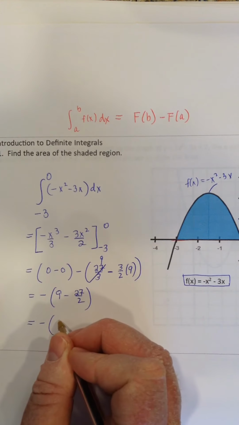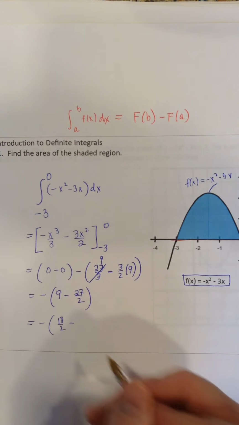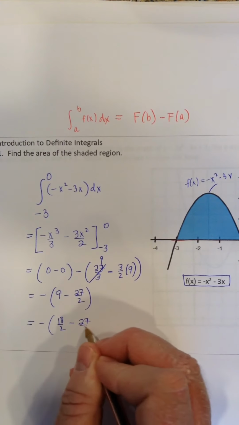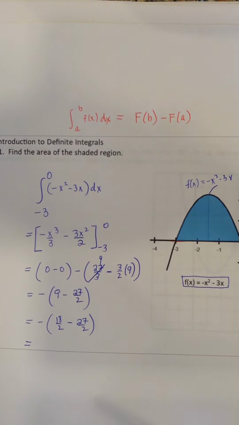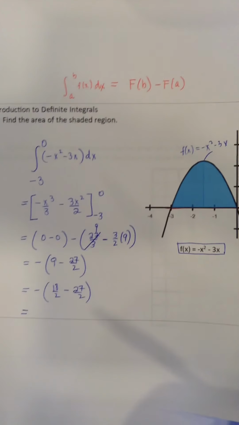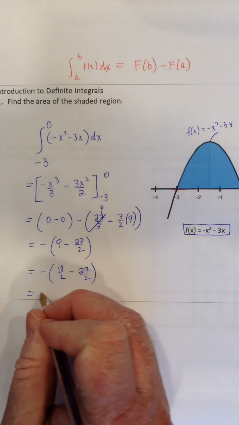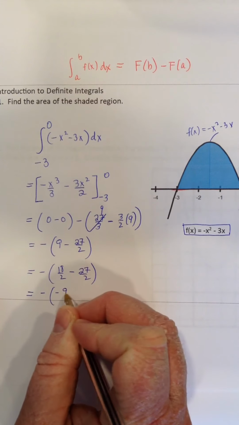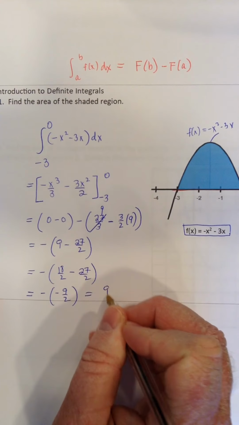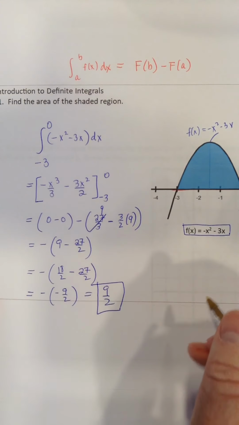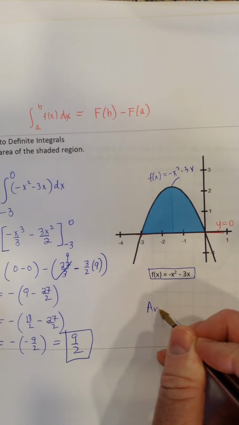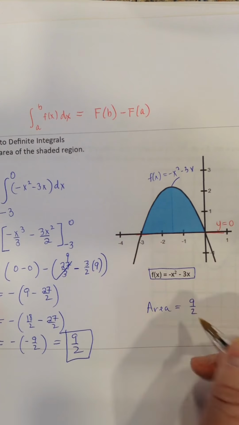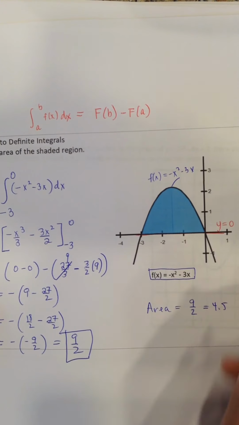Well, 9 is really 18 halves minus 27 halves. So what I get then is negative 9 halves, which ends up being just 9 halves. So the area, this blue shaded area here, that area is 9 halves, or 4.5.